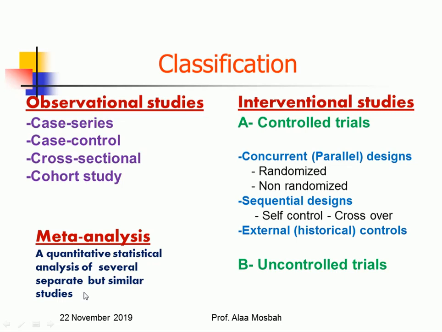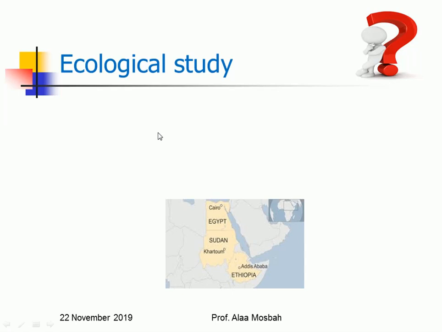So we collect all data about these studies and do analysis for them. This is called meta-analysis, quantitative statistical analysis of several separate but similar studies.